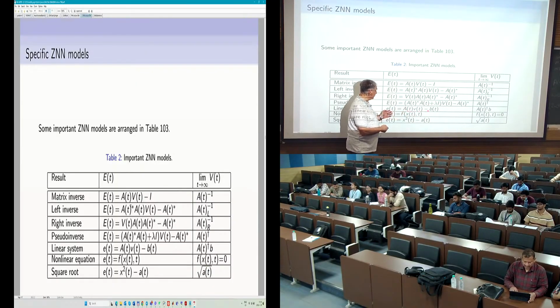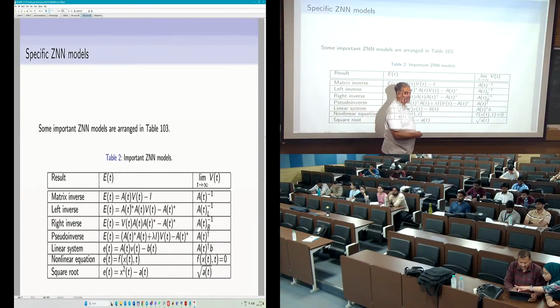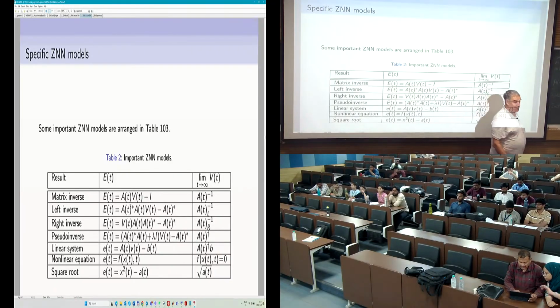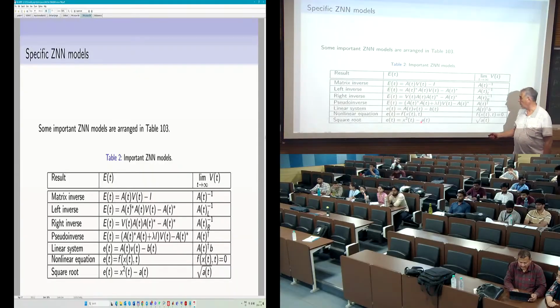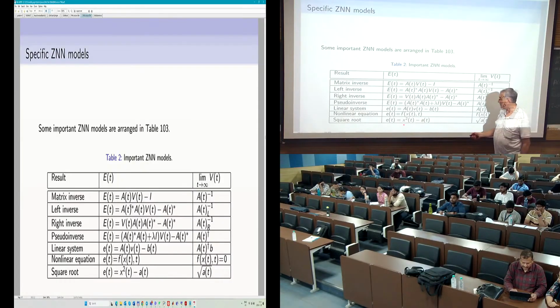Here is the error function for computing the square root of A of t. The result of this will be the square root of A of t. Of course, if we force E of t to 0 using ZNN dynamic or another, we will obtain A of t.